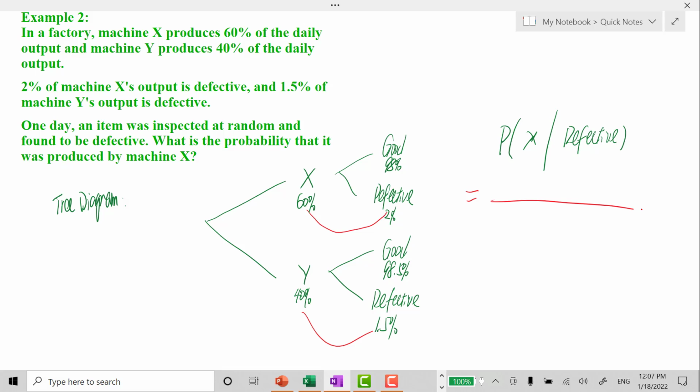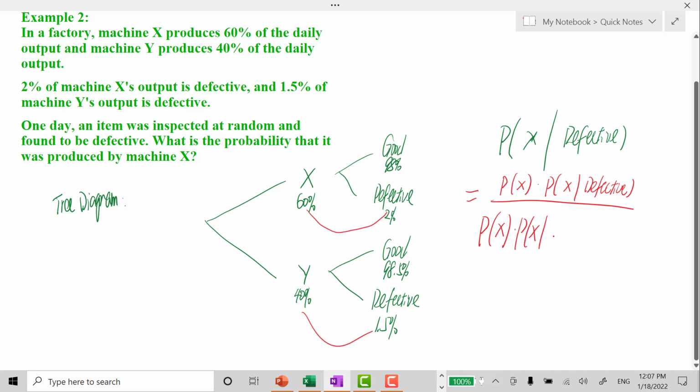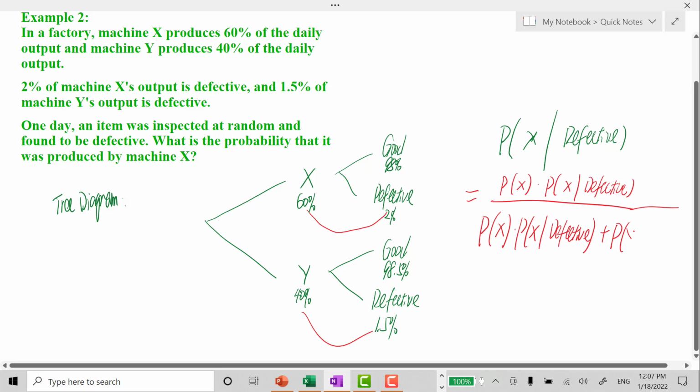If you look at the conditional probability, that would be X given that it's defective. The bottom will be the probability of X times the probability of defective given X, and then the second one will be not X, meaning the probability of Y, machine Y producing a defective item.